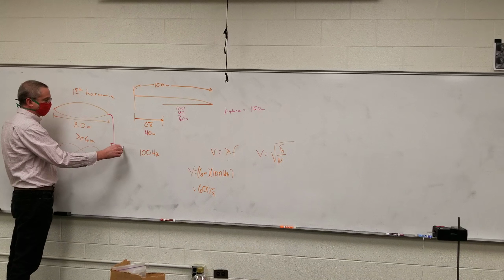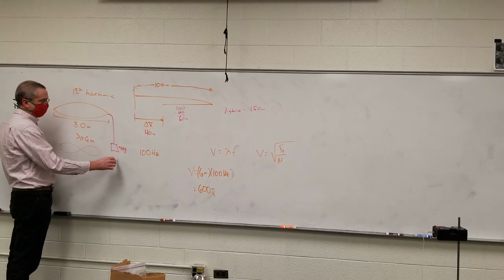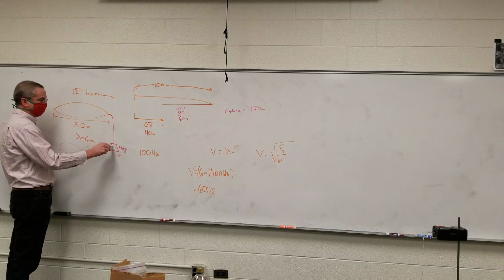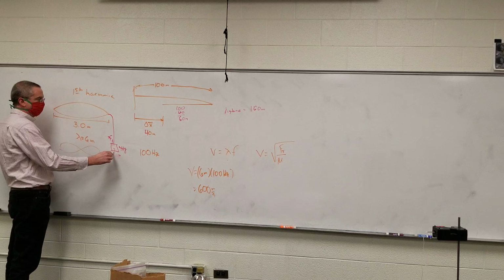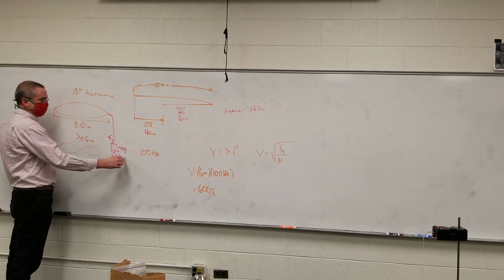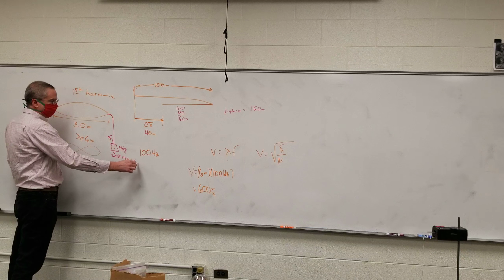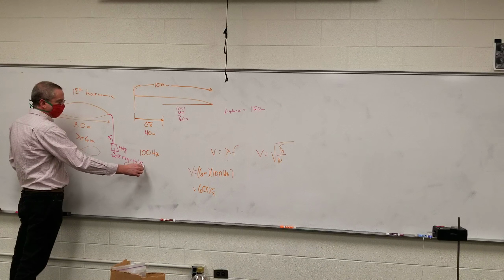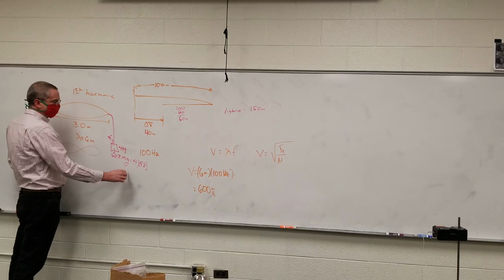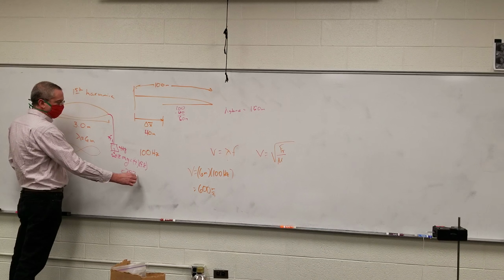So let's just make this 4 kilograms, why not? And therefore, my tension would be equal to my weight, which is mg. So 4 times 9.8, 39.2 newtons.